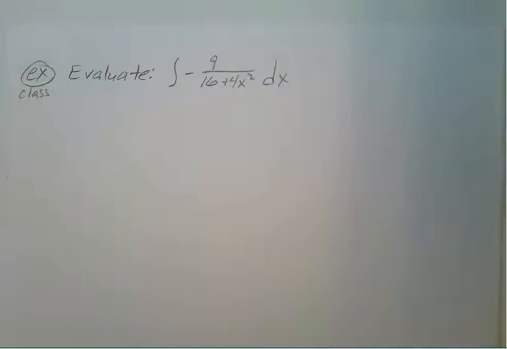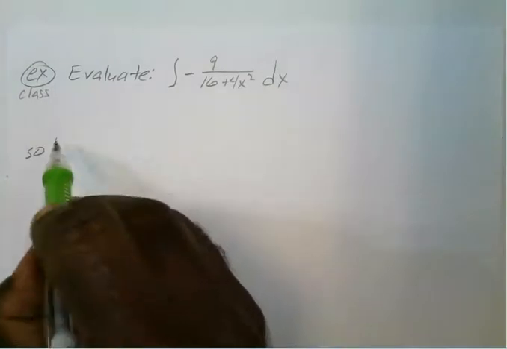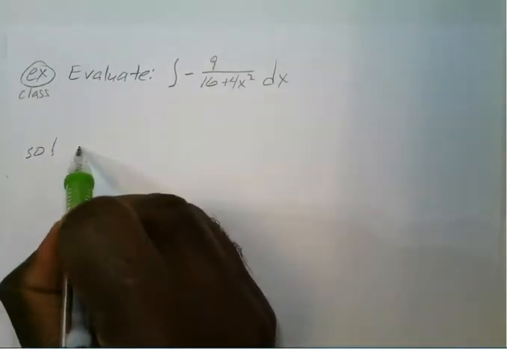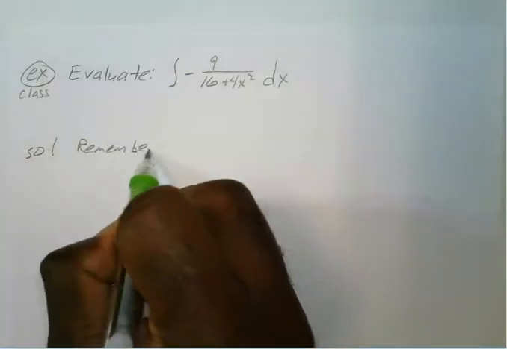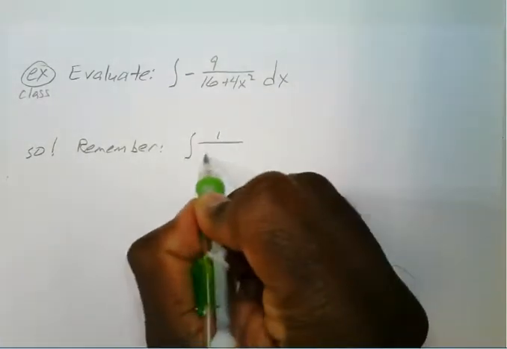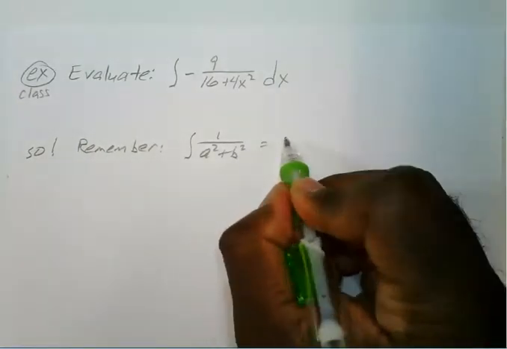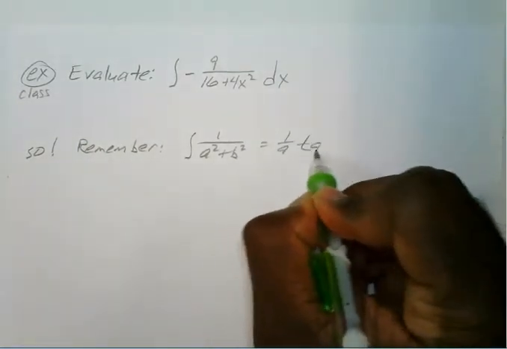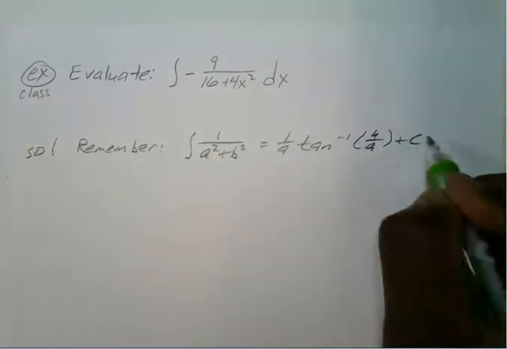All right, assuming you've paused it and worked it out, let's verify. Okay, so you notice this one looks an awful lot like the integral of 1 over a squared plus u squared, which is equal to 1 over a tangent inverse of u over a plus c.